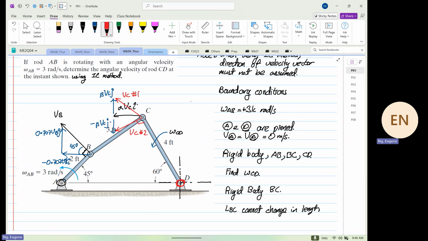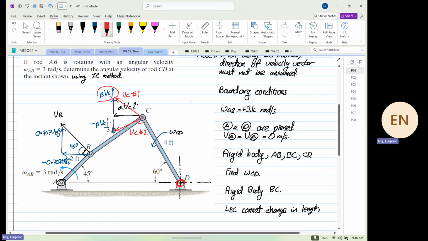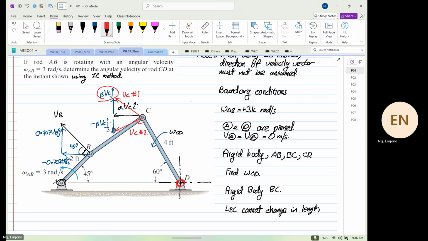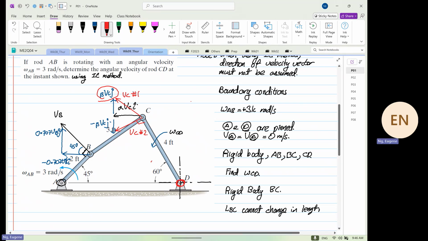Then why is it not VC1? For the same reason. What is the other reason? If beta BCJ is going up, the length CD has to change, based on the second quadrant, this is the first. Does it make sense now?